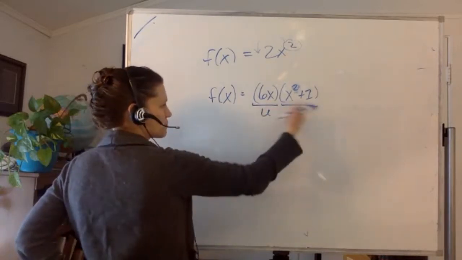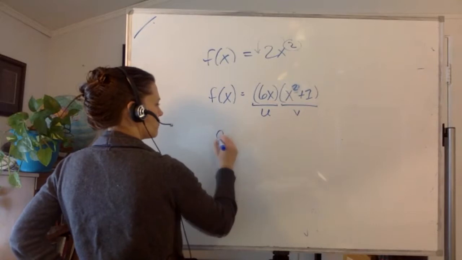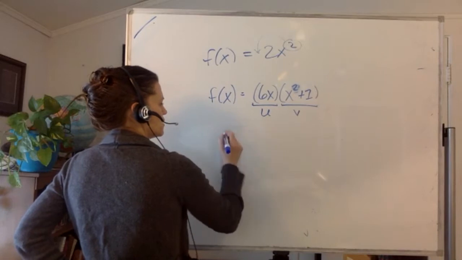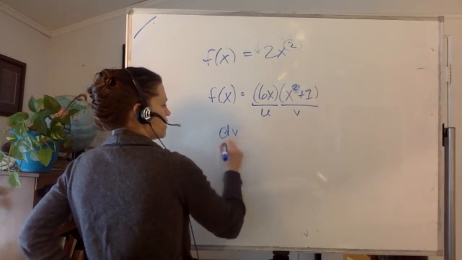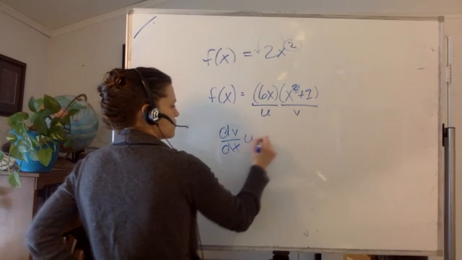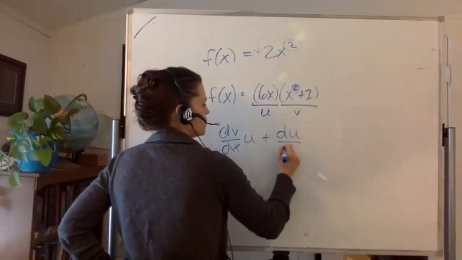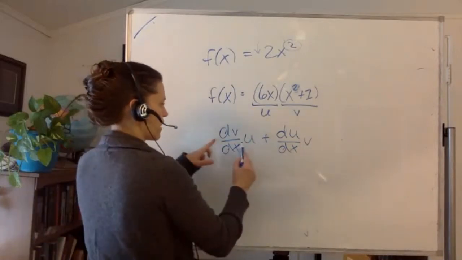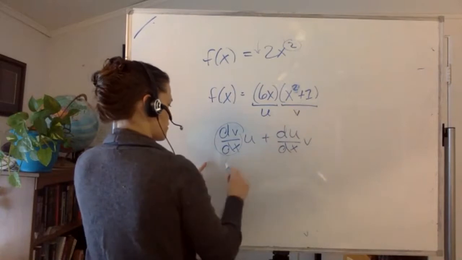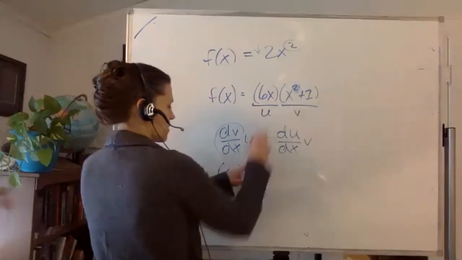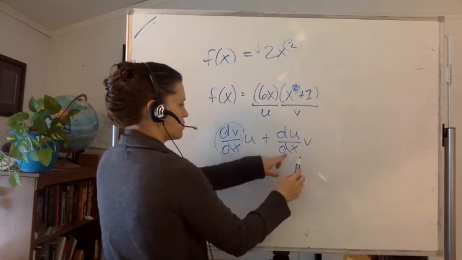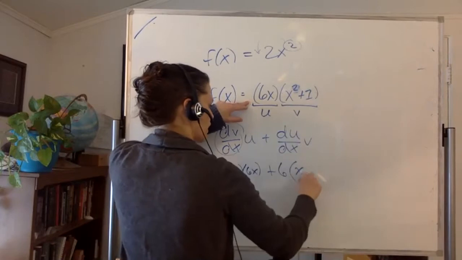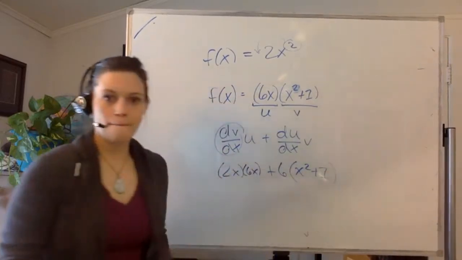The product rule is when you're multiplying two together: the derivative of v dx times u plus the derivative of u dx times v. So we take the derivative of v first, and that just becomes 2x, multiply that by u, 6x, plus the derivative of u with respect to x, which is just 6, multiply that by v, the quantity x squared plus 1. Cool?